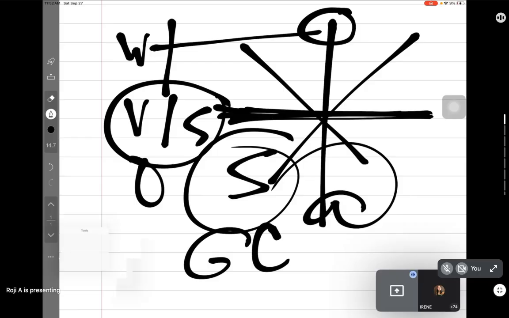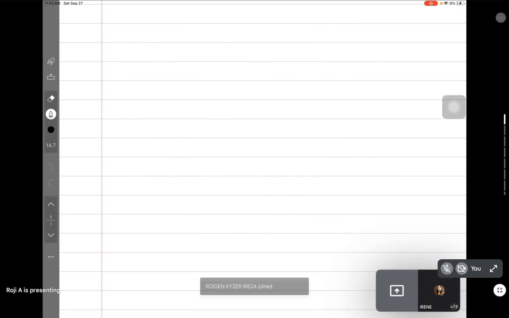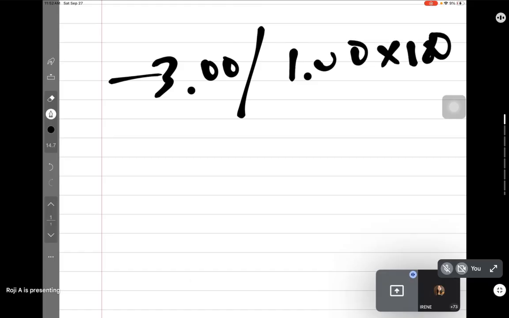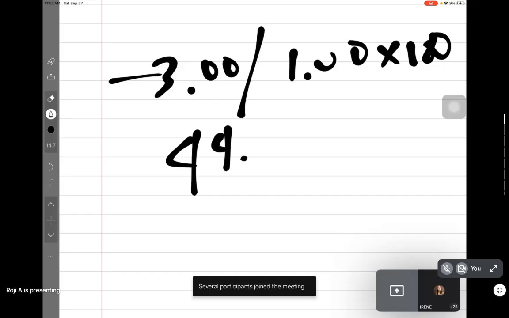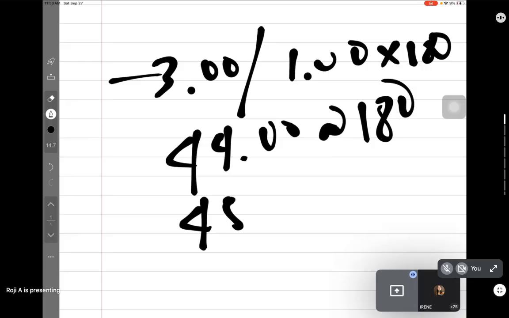And then as for internal, external, or combination, let's give another example. Minus 3 combined minus 1, where I have a K reading of 44 at 180 and 45.50 at 90.